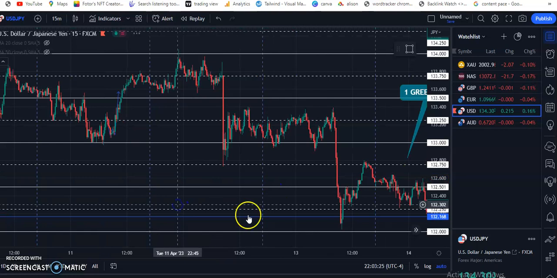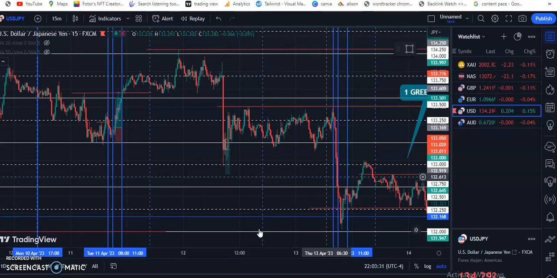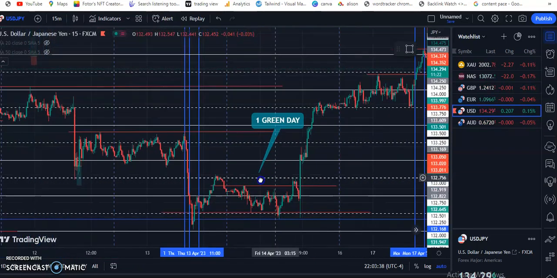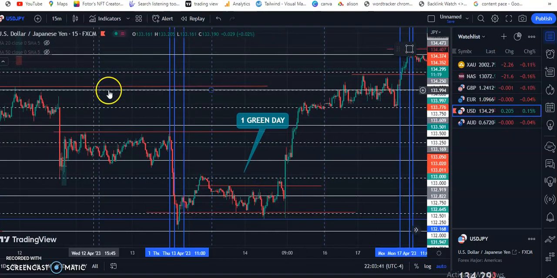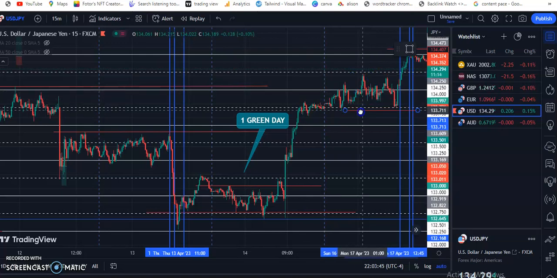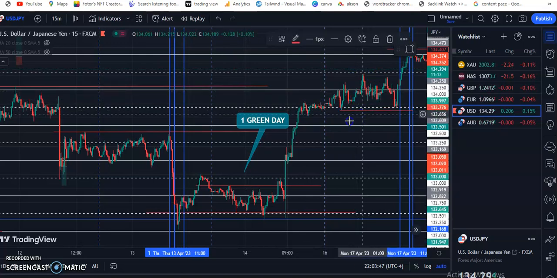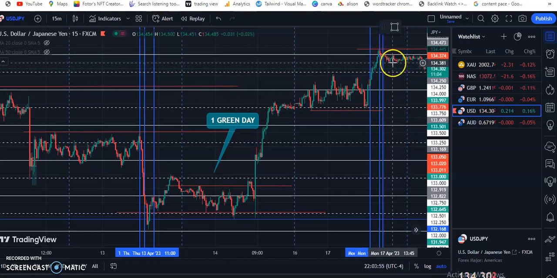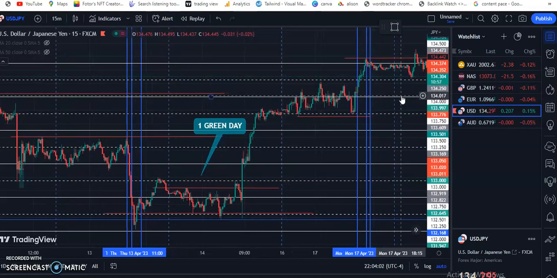As for the Japanese yen, everything was happening nicely. We had our first green day on Friday, and then Monday, yesterday, we had our continuation. And you remember when I was telling you yesterday that we might continue higher or just break structure and continue lower.